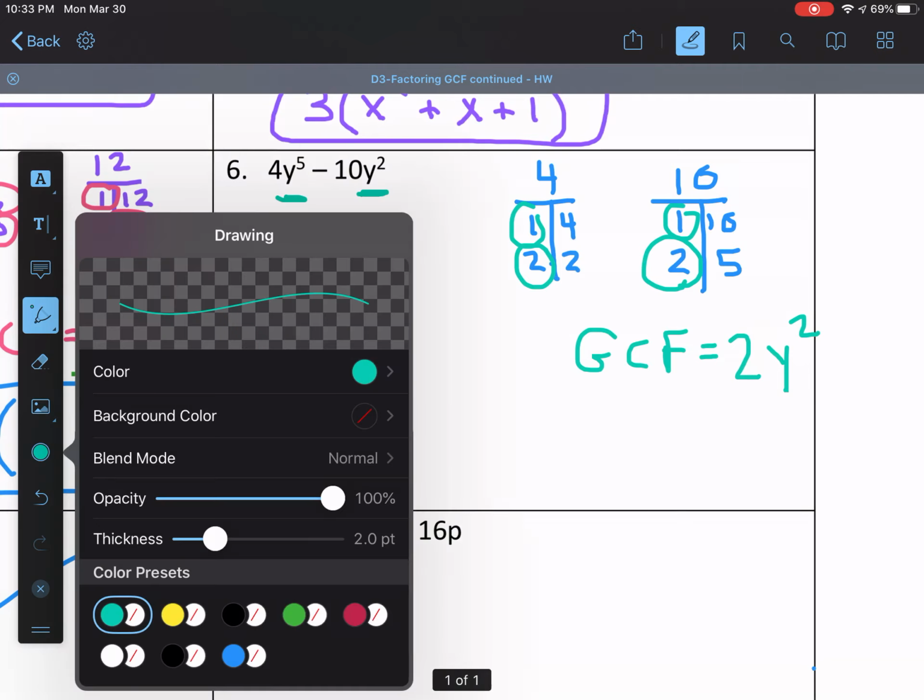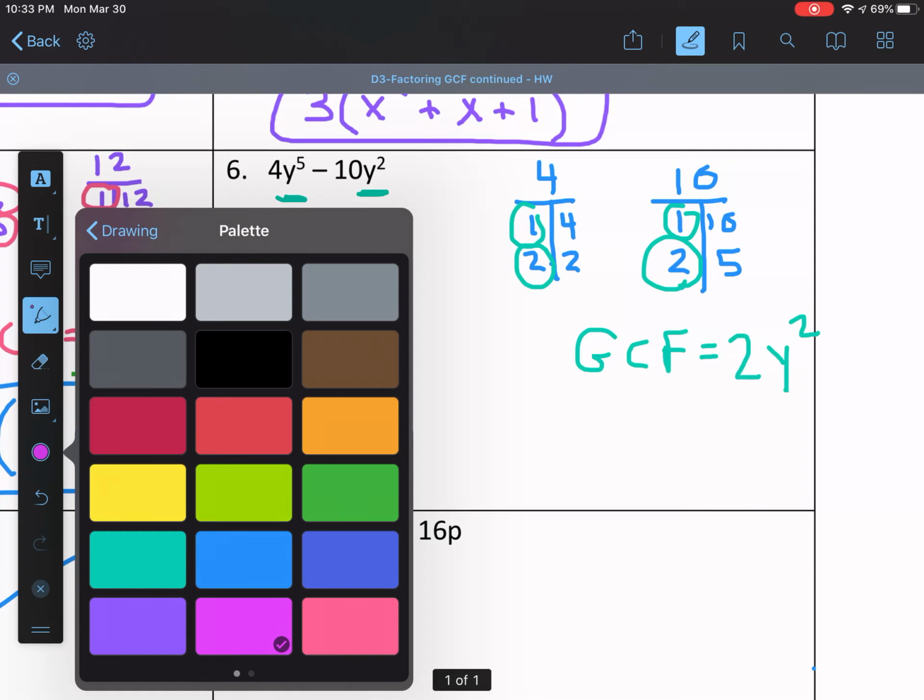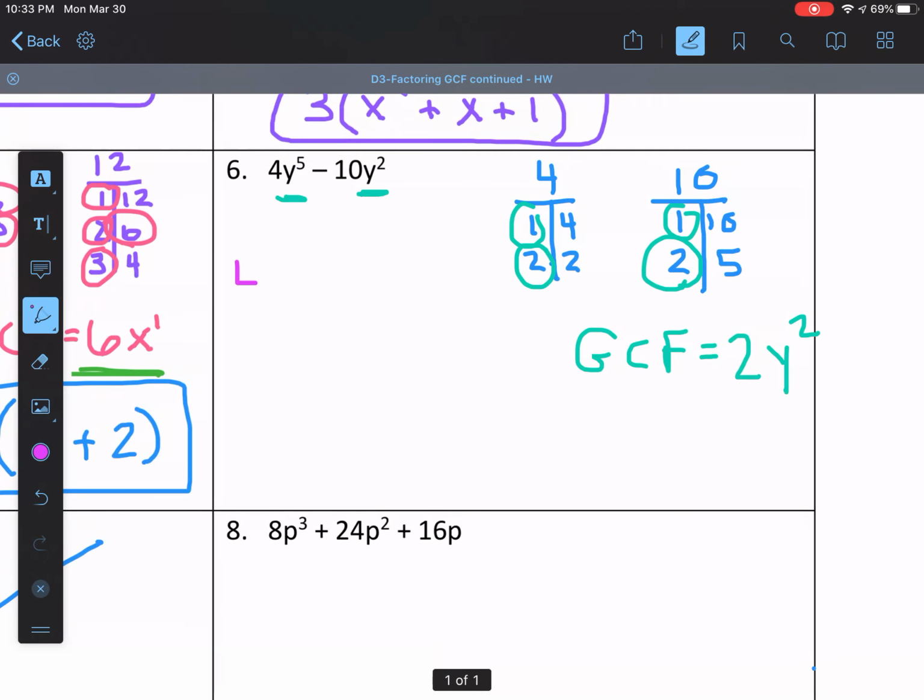Okay. So now let's rewrite our original problem. So 4y to the 5th minus 10y squared. And we're dividing each piece by 2y squared, our GCF. So in the first one, 4 divided by 2, we get 2.